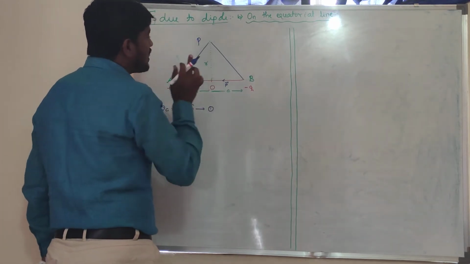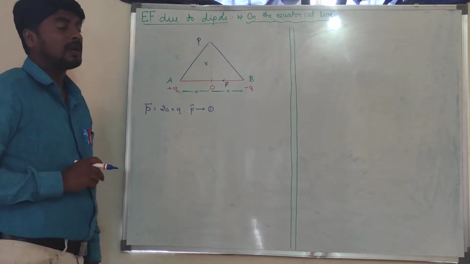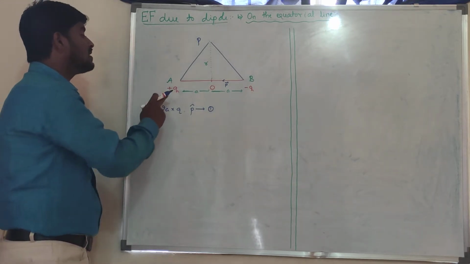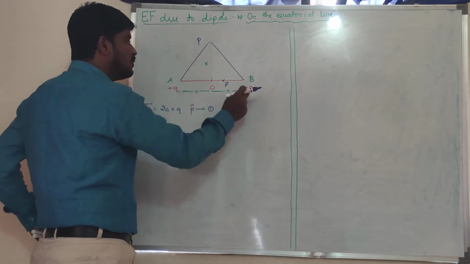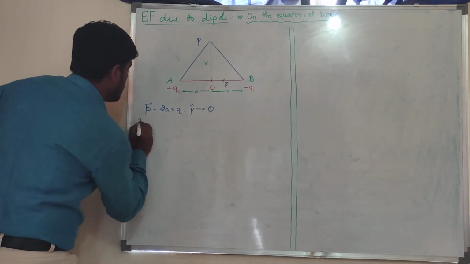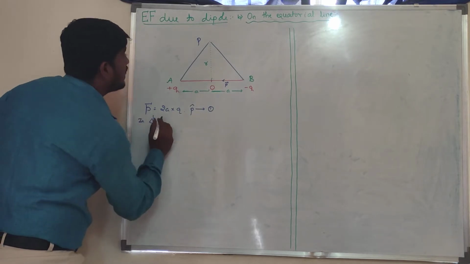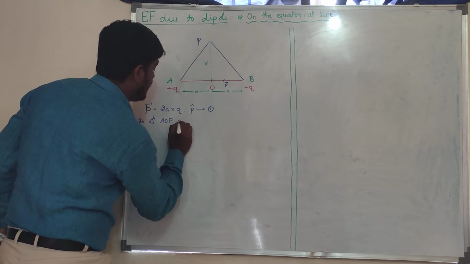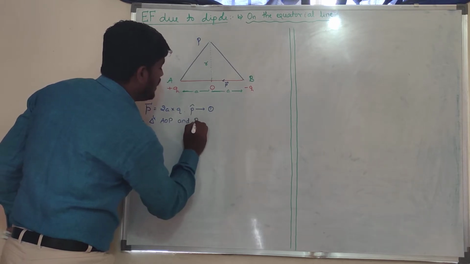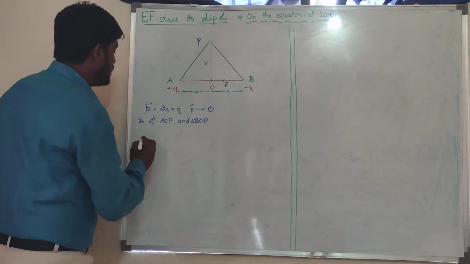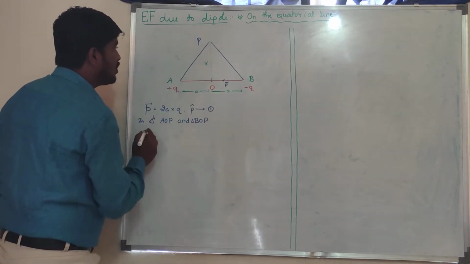Now using the Pythagorean relation, I have to calculate the value of AP and BP, because I want to calculate the electric field at point P due to plus Q as well as minus Q. For that, in triangles AOP and BOP, use the Pythagorean relation, because the values of AP and BP are both equal.